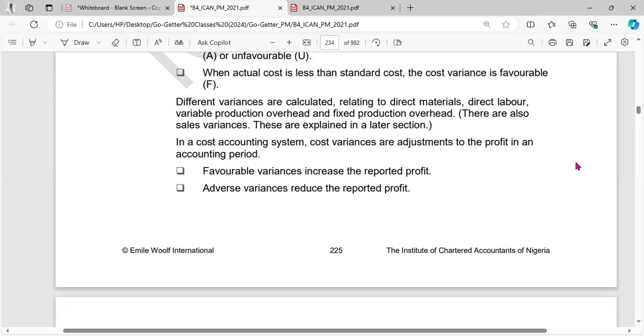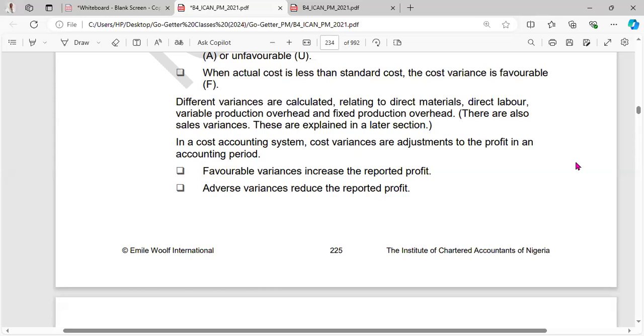So we'll start with the fixed budget cost, which is that 4.8. And we'll say, okay, let us adjust it with these variances. All the favorable variances are supposed to increase the profit being reported. We could even start with the actual profit you made.